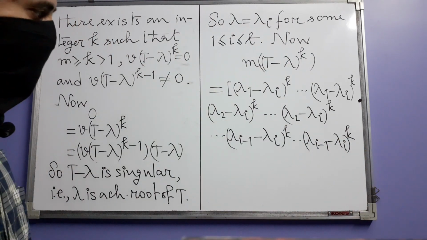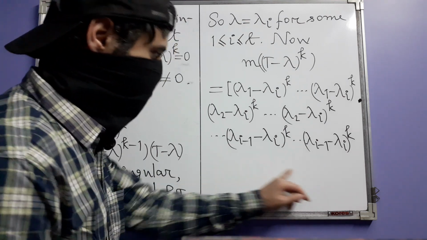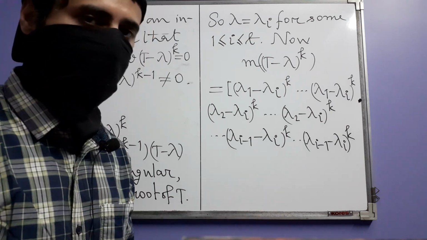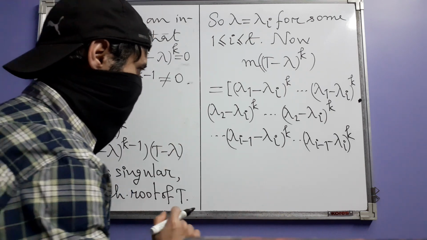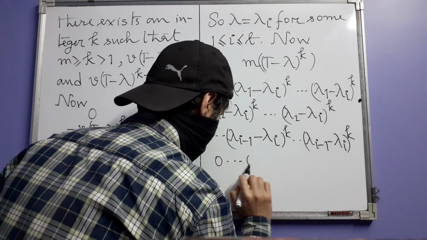But then after that, those characteristic roots come which are just lambda I. So from them if you subtract lambda I, you are going to get 0. A few zeros. How many zeros?